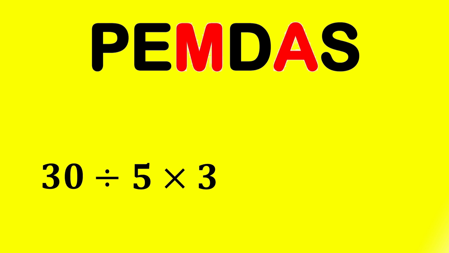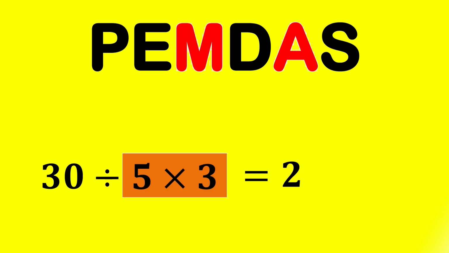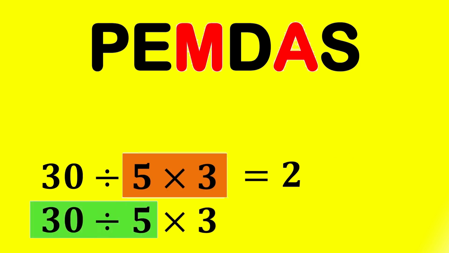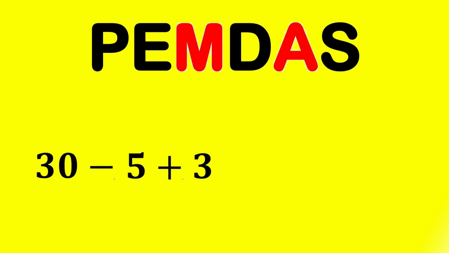If we multiply 5 times 3 first, we get 15, and then 30 divided by 15 equals 2. But that's not correct. According to the order of operations, we go from left to right. So first, 30 divided by 5 gives 6, and then 6 times 3 equals 18. That's the correct answer.